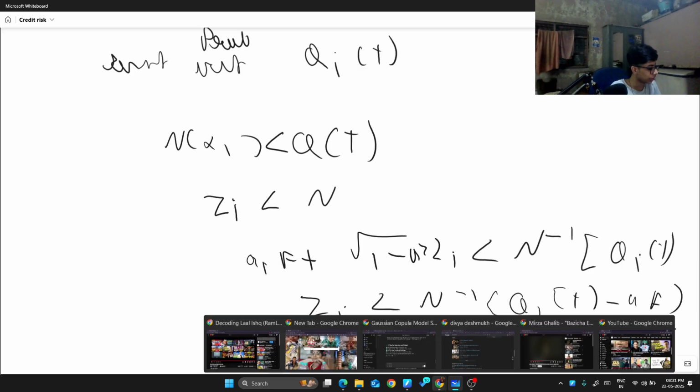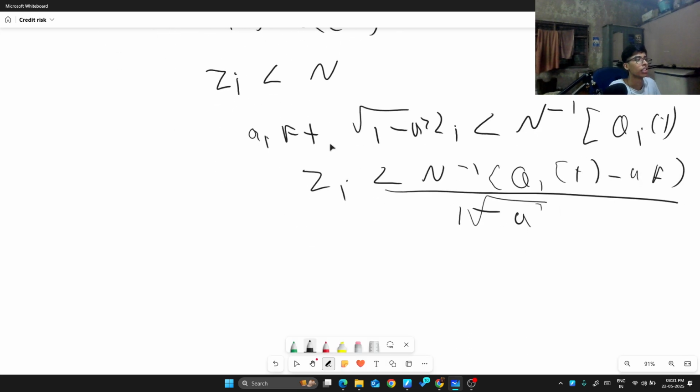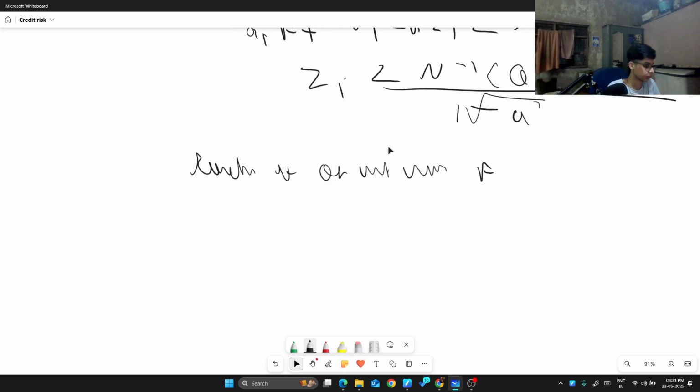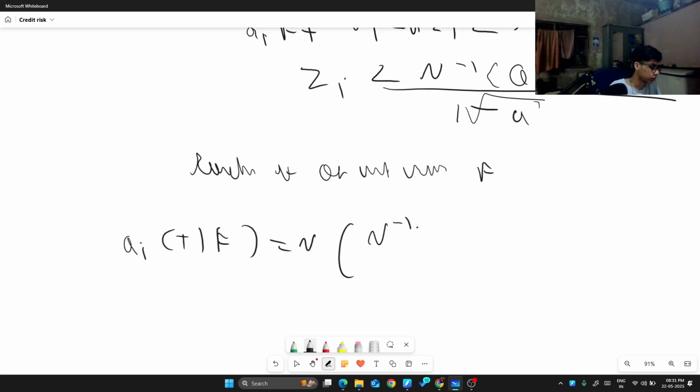And if we condition on a value of factor f, the probability of default is qit given f equal to N of N inverse of qit minus ai f over root 1 minus a square.